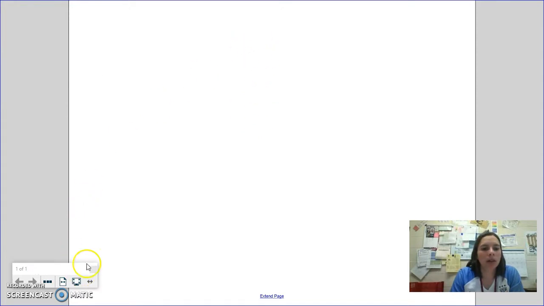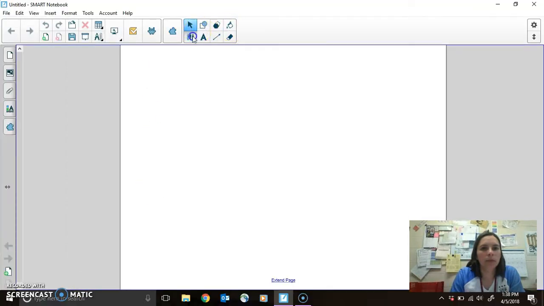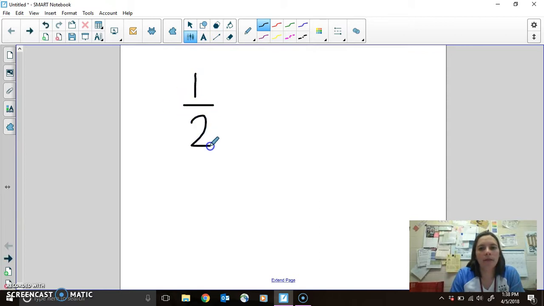Oh, it's not going to let me write. The first fraction is 1/2. If it's greater than a whole, stand up. Less than a whole, on the table.